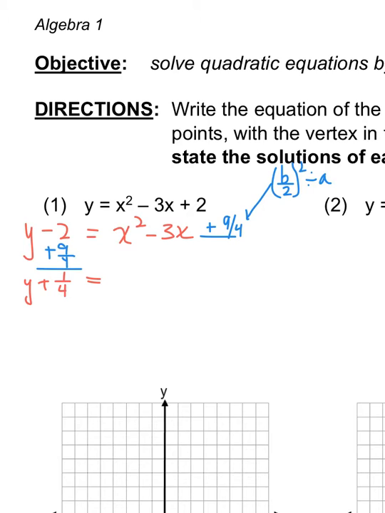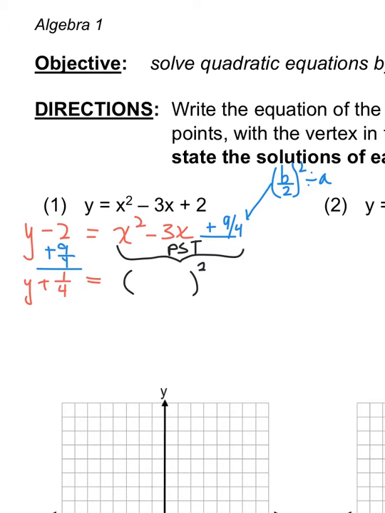And so all we have to do is factor the right-hand side, and it should be a perfect square trinomial. That's the whole point of this. The whole reason we do this is to get it to be a perfect square trinomial. If it's not a perfect square trinomial, the simple thing for me to say is you did something wrong, but the thing that you did wrong was in your b over 2 squared divided by a computation, right?